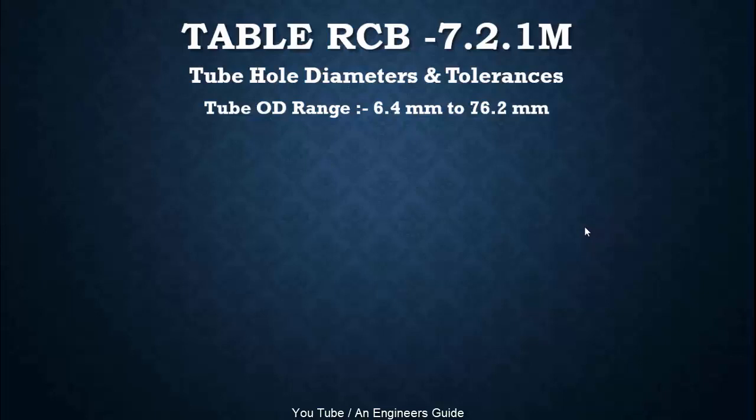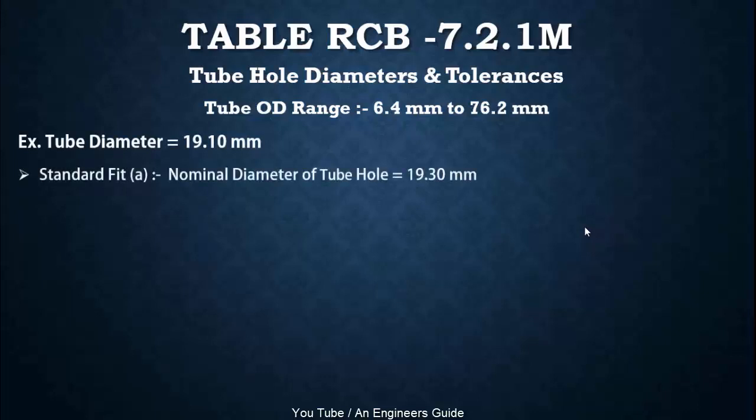So instead of showing that table, let's take one example where my tube diameter is 19.10 mm. There are two types of fits. One is a standard fit and another is a special close fit.